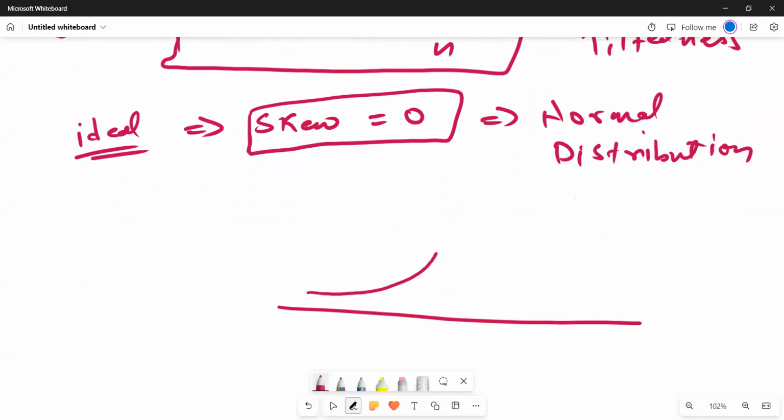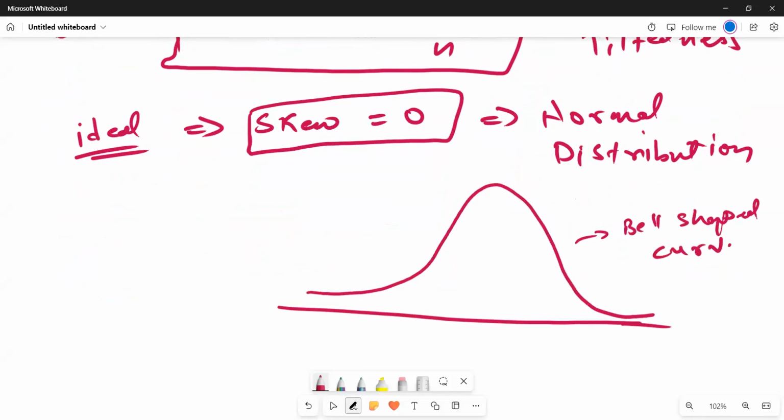Let's say if the shape of my data is like this, a bell-shaped curve, the center of this data represents the mean of the data set. Your data is equally distributed towards the right and towards the left with respect to the mean. If it is, this particular data set is a normal distribution.